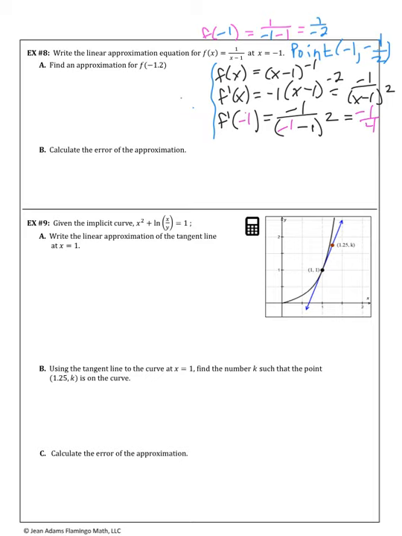So our slope is -1/4. So we have a point, -1, -1/2, and our slope -1/4. So we can now write our equation. y minus -1/2 equals our slope -1/4 times x minus -1.